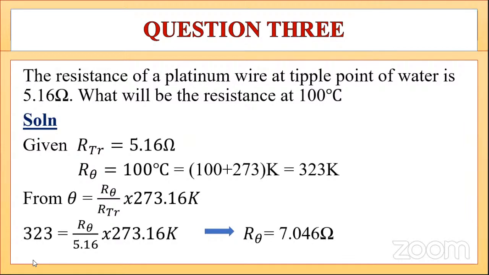Alicia, can you read for us this question? Do you see the question? Yes, I can see it. Yeah, read it for us. The resistance of a platinum wire at triple point water is 5.16 ohms. What will be the resistance at 100 degrees Celsius?